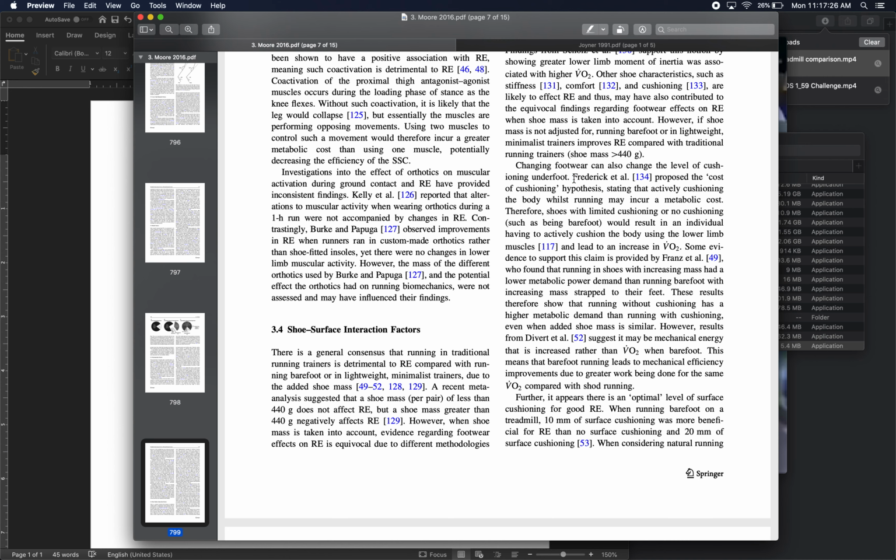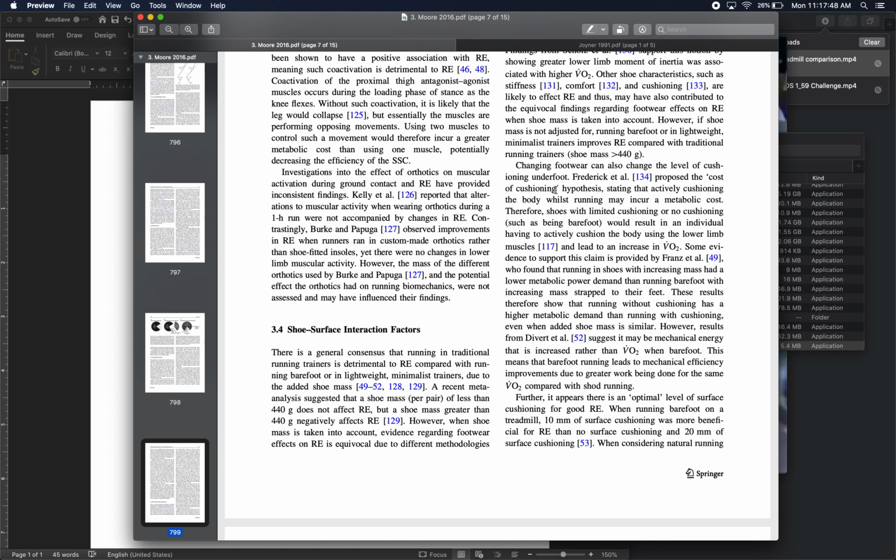He came up with the cost of cushioning hypothesis, which was the finding that if you control for shoe mass, like if you compare shoes that have the same mass, then more cushioning isn't necessarily better, but some amount of cushioning in the shoes appears to be associated with improvements in running economy.